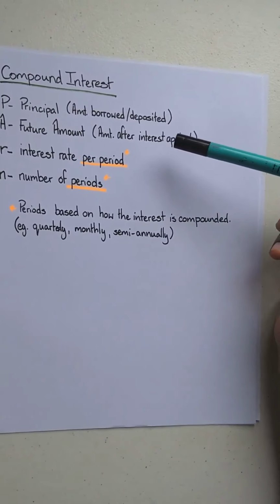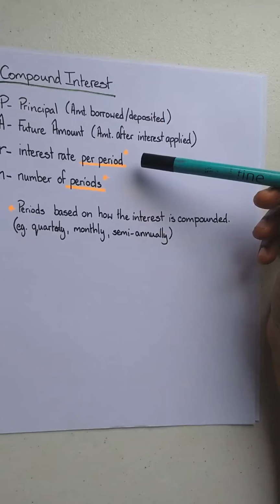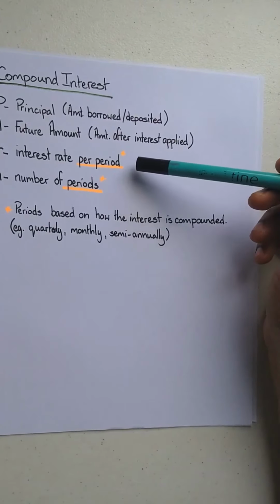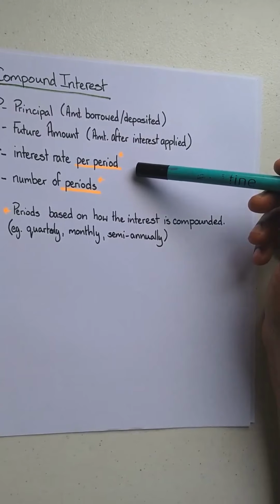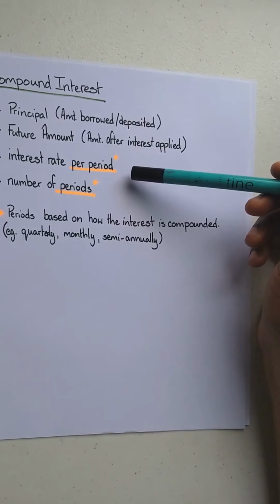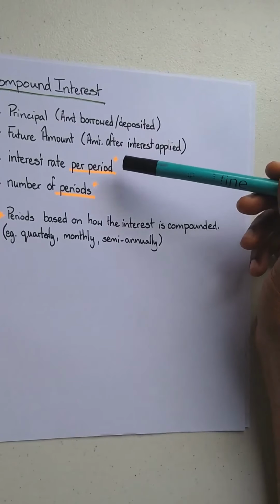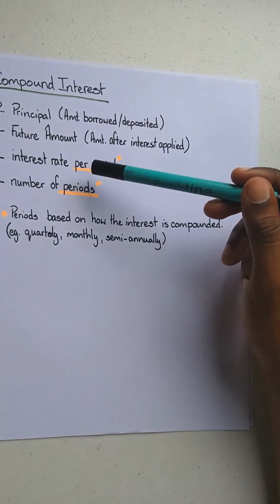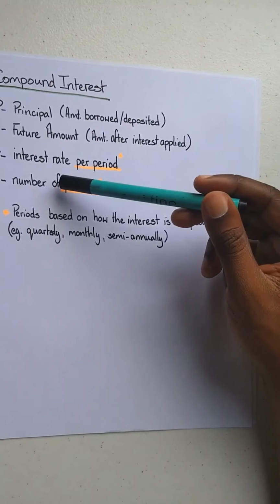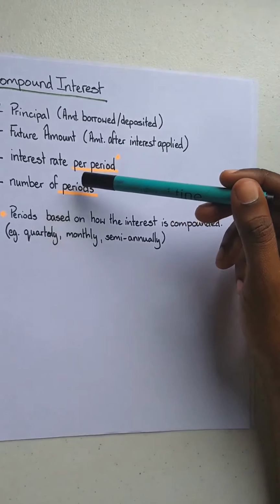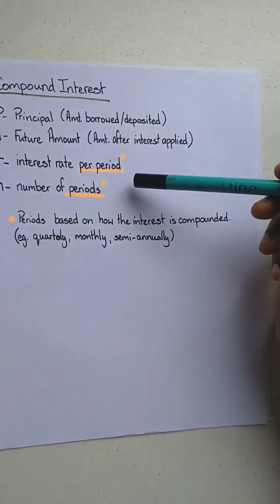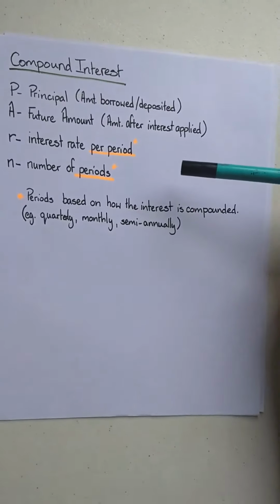And then there are two other factors that we need to consider. There is a rate of interest. However, because of the structure of compound interest, we have to consider that rate of interest per period. And rather than think about time in terms of years, we have to think about time in terms of the number of periods that transpire for this transaction.